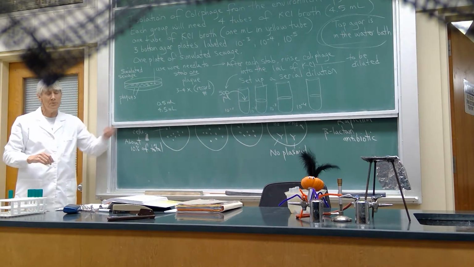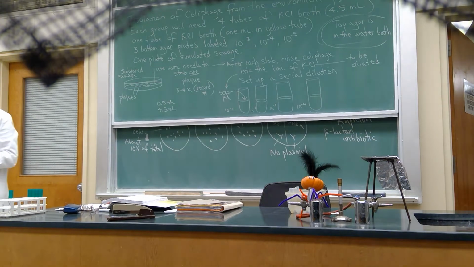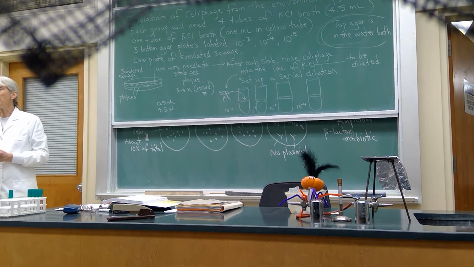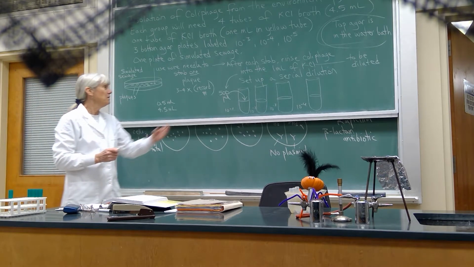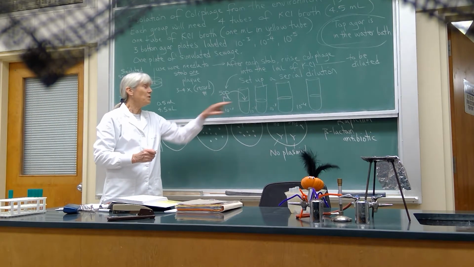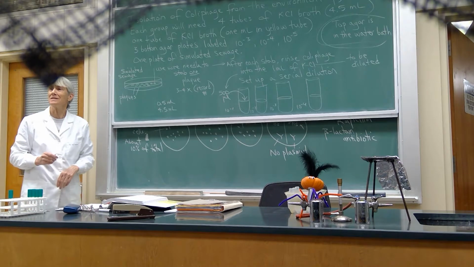If you put 0.5 into 4.5, what do you get? 5. Therefore, a 0.5 into 5 is what dilution? 10 to the minus 1. Therefore, 500 into 4.5, that's why that tube is labeled 10 to the minus 1, because it is.